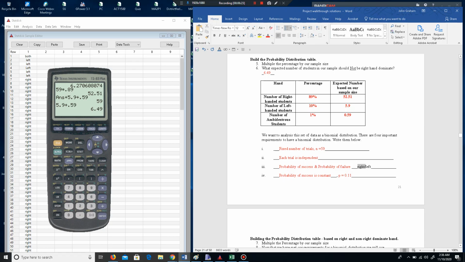So we do have the conditions for the binomial distribution. We have a fixed number of trials of 59. Each trial is independent. We have a probability of success and a probability of failure. Basically, we have two options, and the probability of success is only 0.11, success being not right-hand dominant.